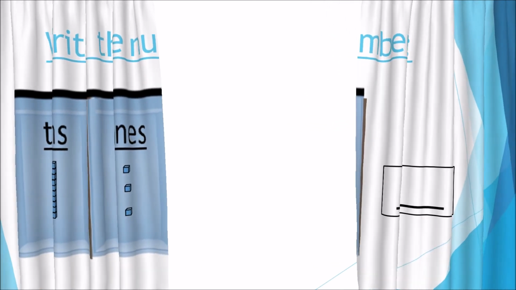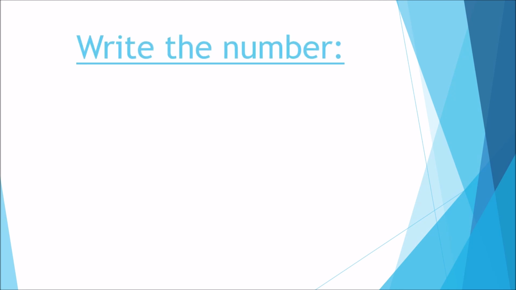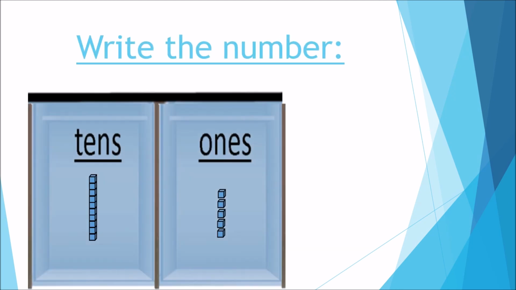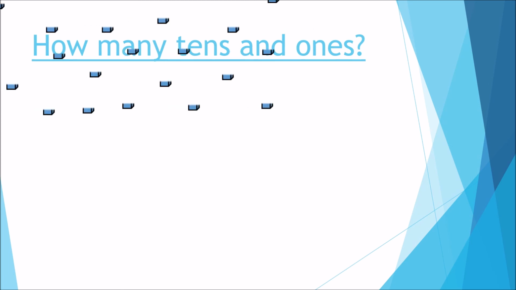Let's see if you can get the other one correct. Write the number. 1 ten and 5 ones. 15. Yes, that number is 15. Now, how many tens and ones?